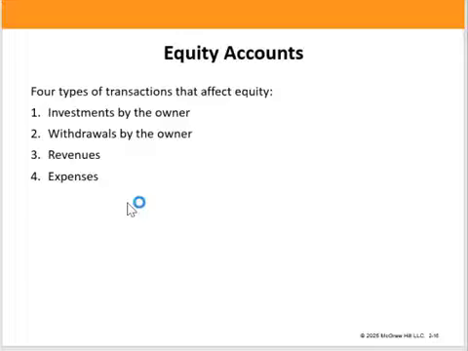Then our withdrawals by the owner also go on our statement of changes in owner's equity, and so do the investments by the owner. Okay, investments increase our equity, withdrawals decrease our equity, revenue increases our equity, and expenses decrease our equity. Then once you've completed the statement of owner's equity, the closing balance gets carried over to your balance sheet.